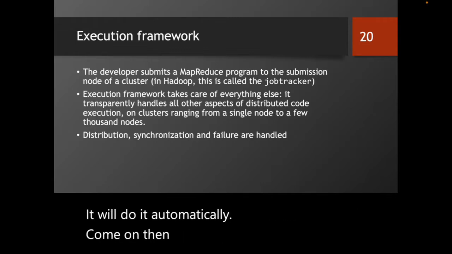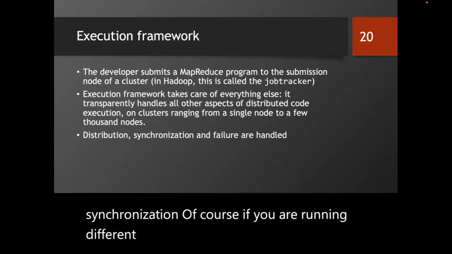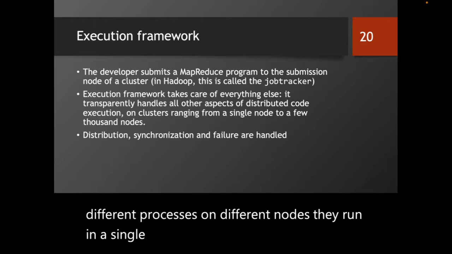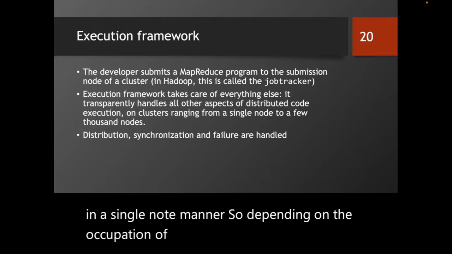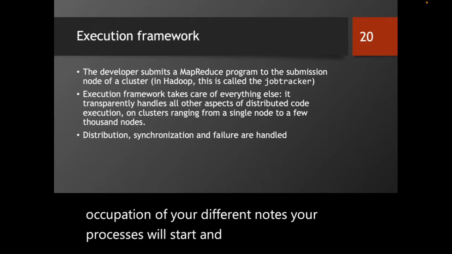And then it will also care about the synchronization. Of course, if you are running different processes on different nodes, they run in an asynchronous manner. So depending on the occupation of your different nodes, your processes will start and terminate at different moments.